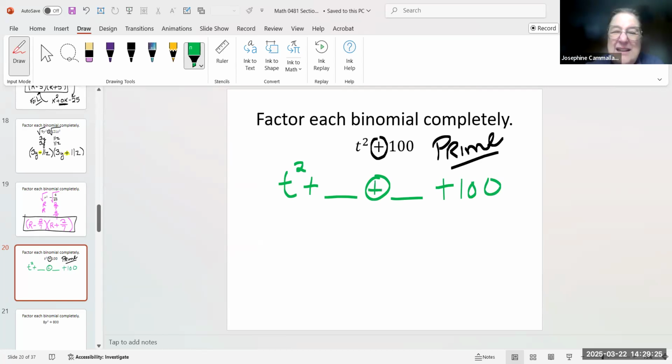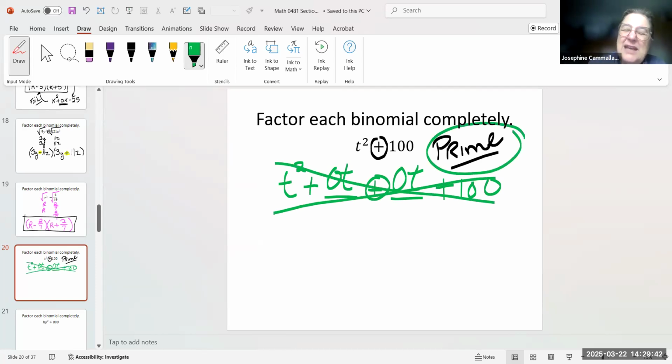This blank or circle has got to have a plus. I have to have 0t here. It's not going to work. This is telling me it's prime because I cannot add 2 terms to give me 0 in the middle. It's not going to work.